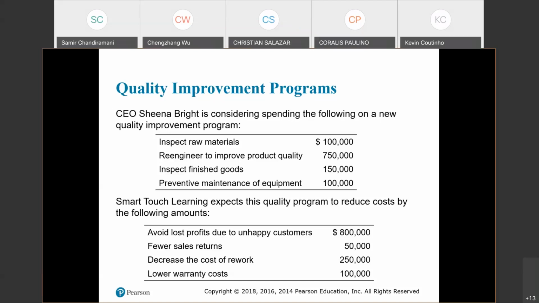To inspect materials costs $100,000. To re-engineer to improve quality costs $750,000. To inspect finished goods would cost $150,000, and the preventive maintenance of equipment would cost $100,000.